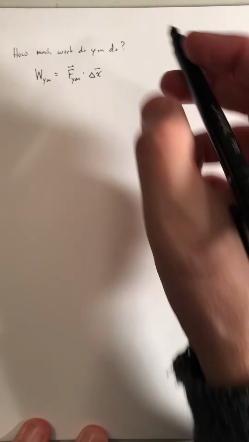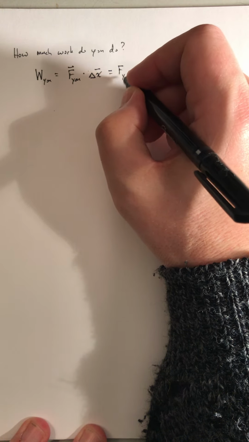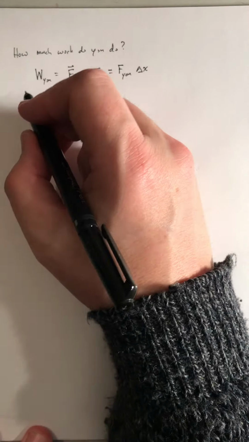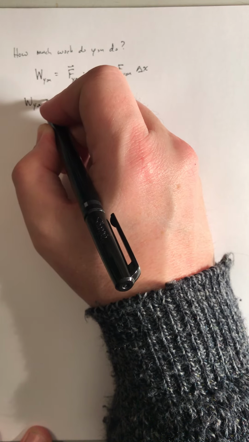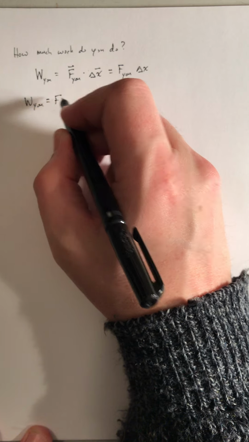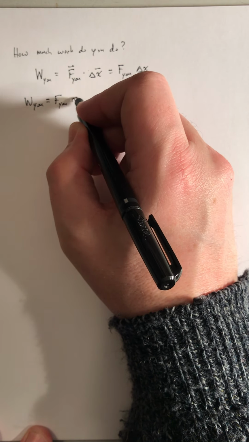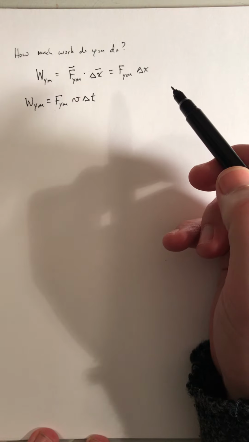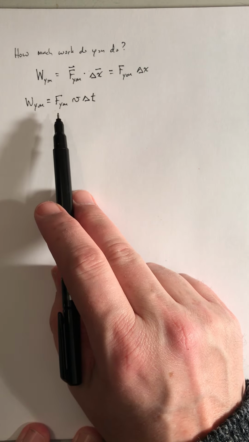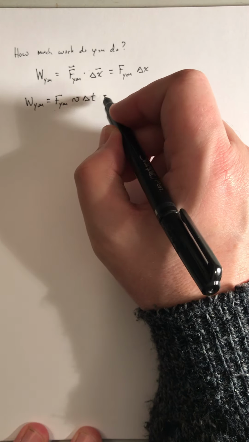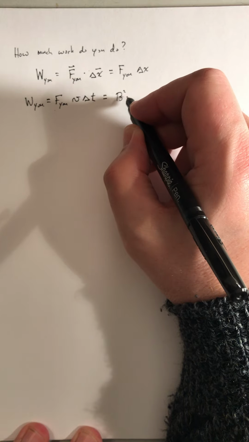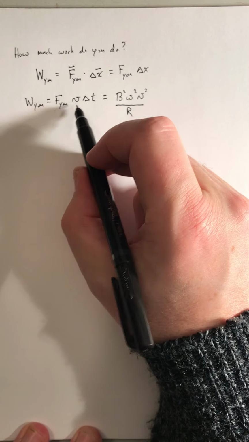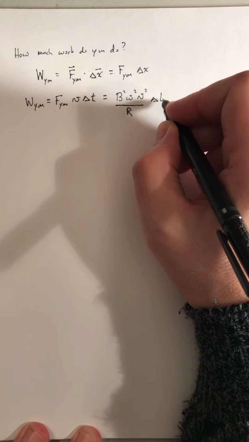Those are parallel to one another, so we can just write that as your force times the displacement, and we're going to rewrite that as your force times V delta T. So V delta T is replacing the displacement delta X. We just found what force you have to push with, so let's put that in, and we are at B squared W squared V squared over R, because we picked up another power of V, times delta T.